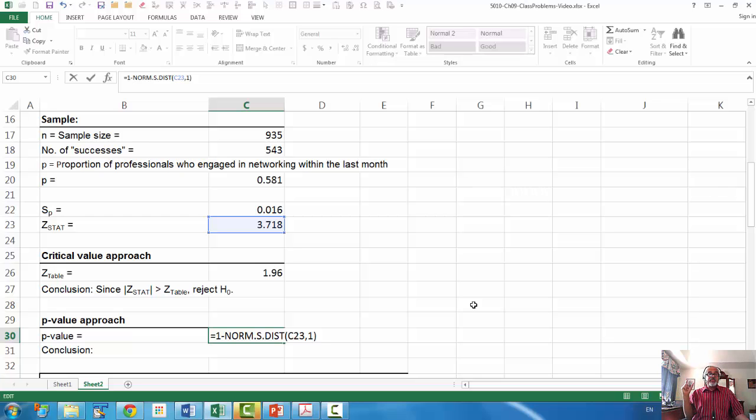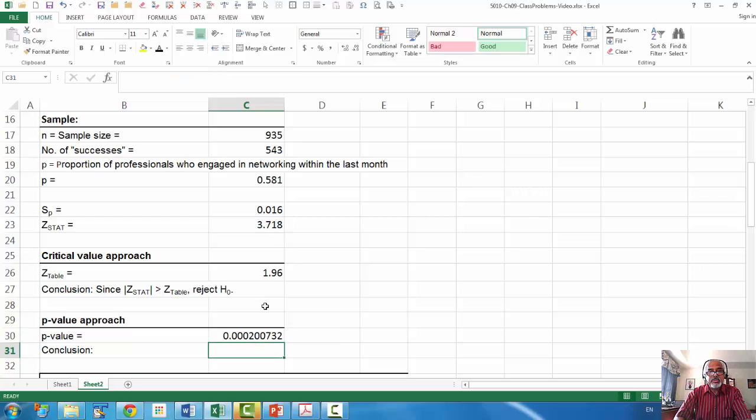Now that's not the p-value yet, because this is a two-tailed test, so we have to take that tail area and multiply by 2. So we have to enclose this within parenthesis again, and then multiply by 2. That will give us the p-value. Let's make that into a percentage.